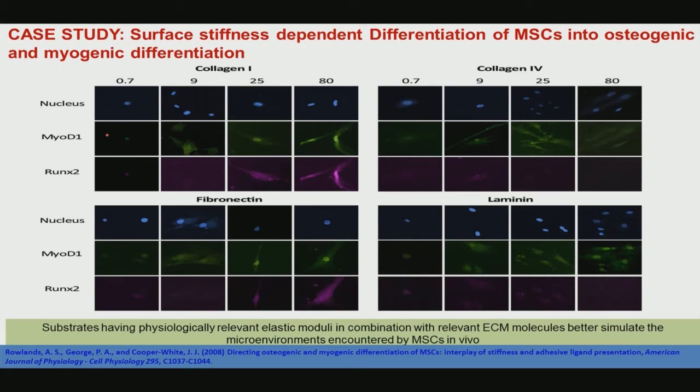Cells were stained differently, either with DAPI, that is for the nucleus, or they have used MyoD1, that is just to show whether there are myogenic differentiation markers, and RUNX2 more for the osteogenic marker.